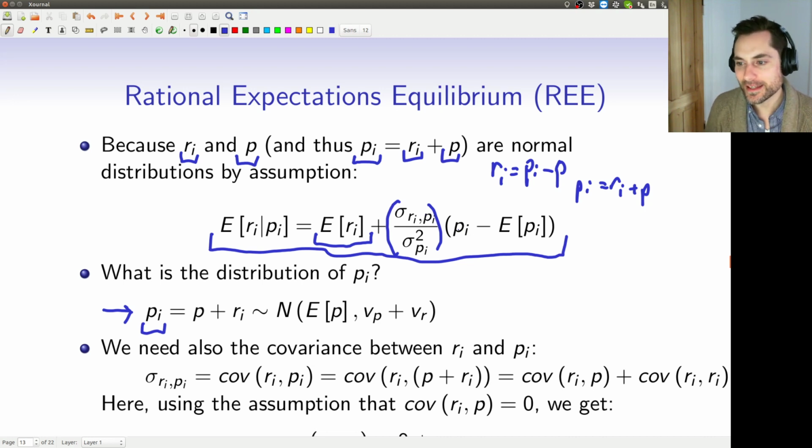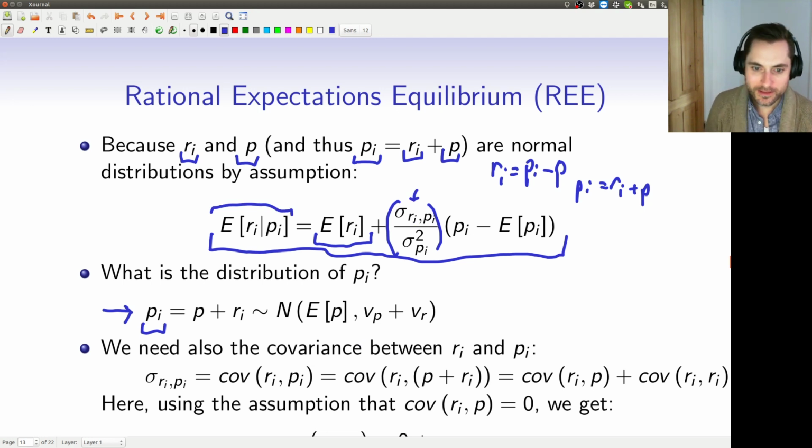Then if I observe a high Pi relative to the expectation of Pi, I should also observe a high Ri, since the two variables are correlated. So that's that. And then we also need the covariance between Ri and Pi. Why is that? Because we want to figure out what this is. This is the object that the firm is trying to estimate.